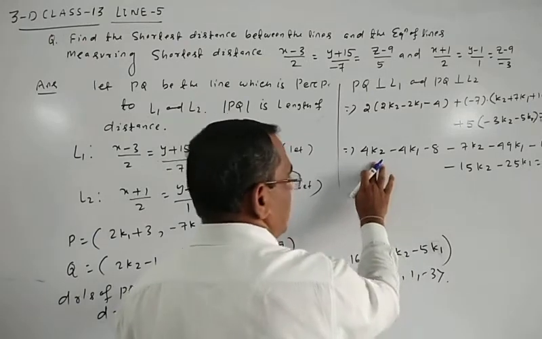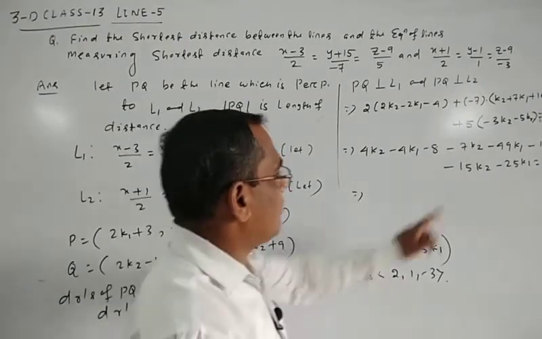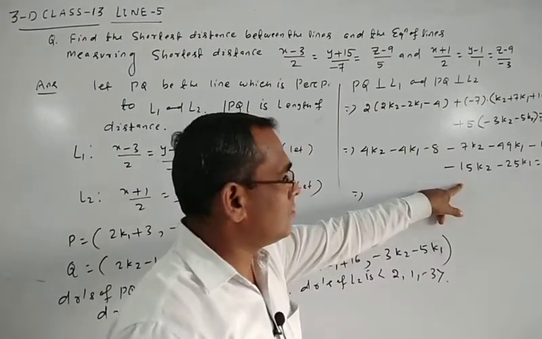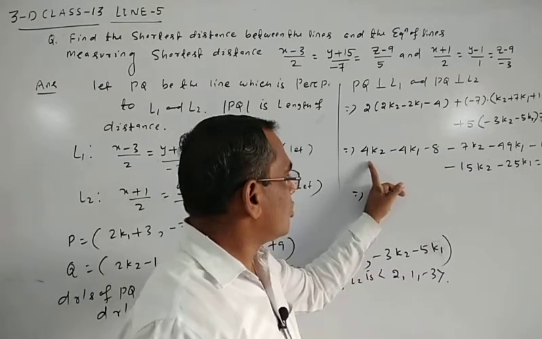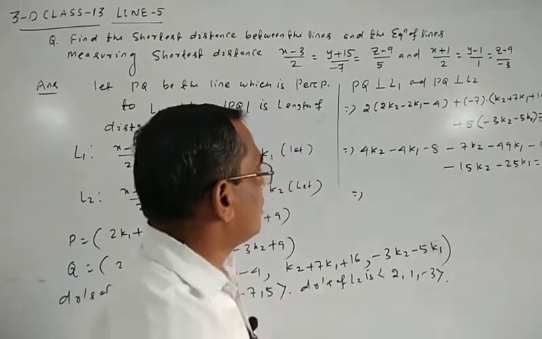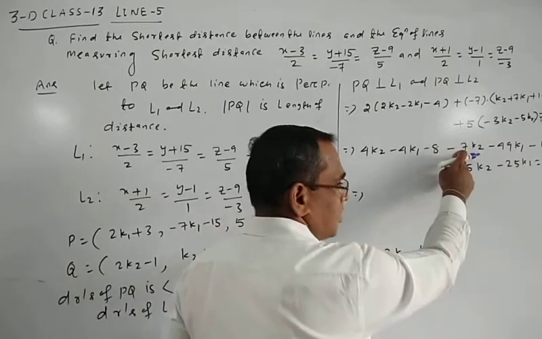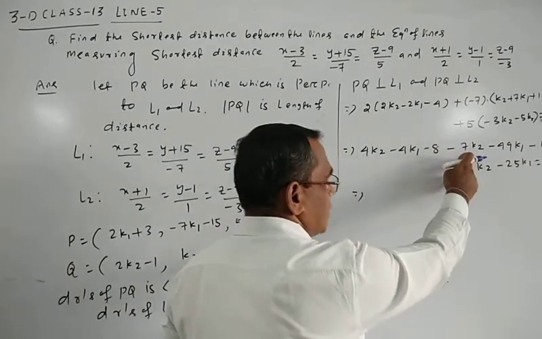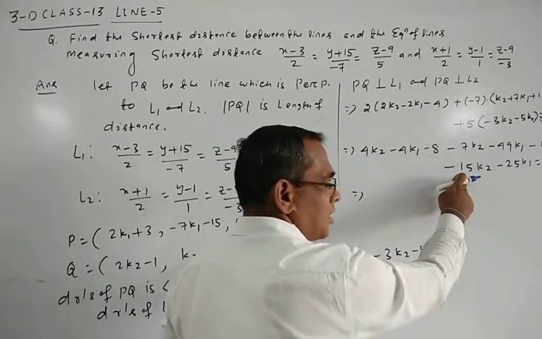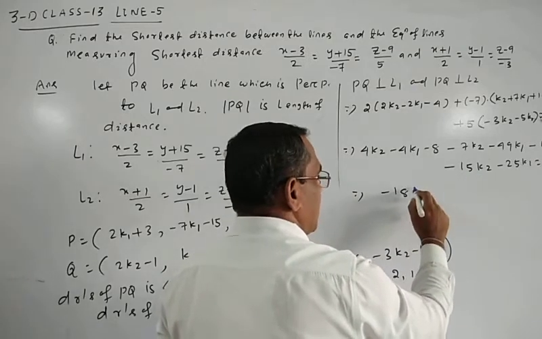So 4K2 minus 7K2 minus 15K2, so 4K2 minus 7K2 is equal to minus 3K2, and minus 15K2, so minus 18K2.